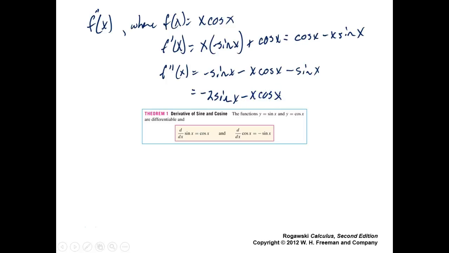Now it's a little early to determine a pattern. I'm looking for it. You'd have to do a few more, but it looks like you flip the function back and forth, and it started with the first derivative being a 1 cosine here with x times the opposite, and then this.